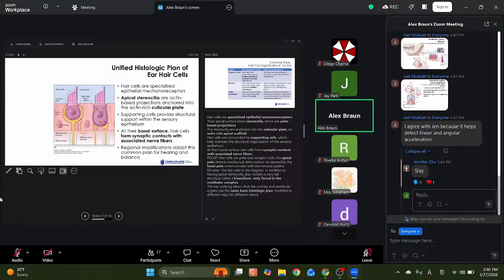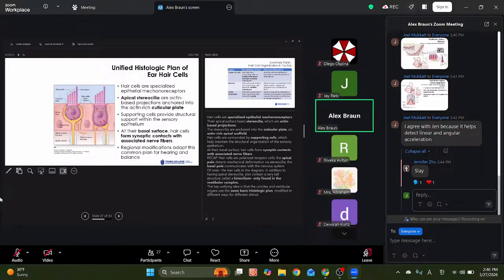And behind or adjacent to the highest stereocilium, the highest step, is a modified true cilium called a kinocilium. Actually, the kinocilium is found only in the vestibular apparatus. It's not found in the cochlear duct.